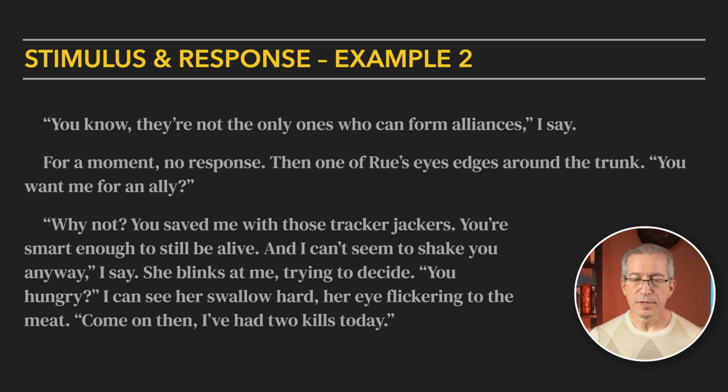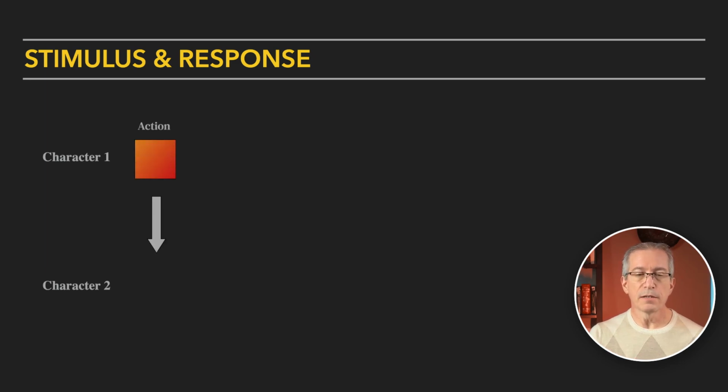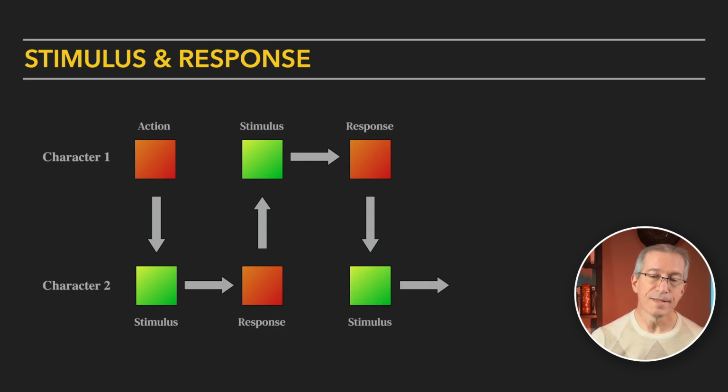Not all of this is super obvious. It could just be a passage of time that causes someone to say something further, to try to convince them to do whatever. So we have something like this going on inside of a scene. We have 2 characters interacting, and action on the part of one becomes the stimulus for the other character, and that creates a response in them. That is a stimulus for the other character, and it goes back and forth like this.